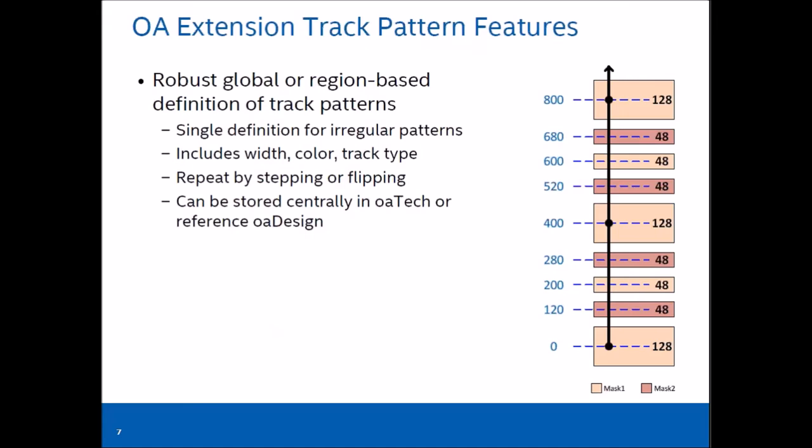So the diagram on the right, again, has been updated to represent a little bit more of what these advanced features that we're going to model contain. So I think you can see a little bit more clearly now that obviously the intended wire widths are in place.